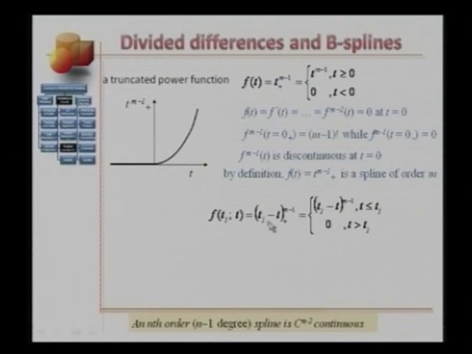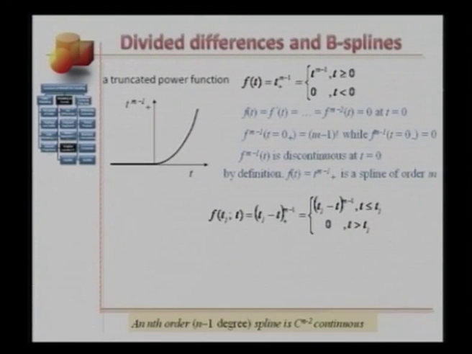Now this function, which is in the family of truncated power functions, is equal to (t_j minus t) raised to m minus 1 for values of t smaller than t_j. Remember that this number here should be positive. And this function is equal to 0 for values of t greater than t_j.